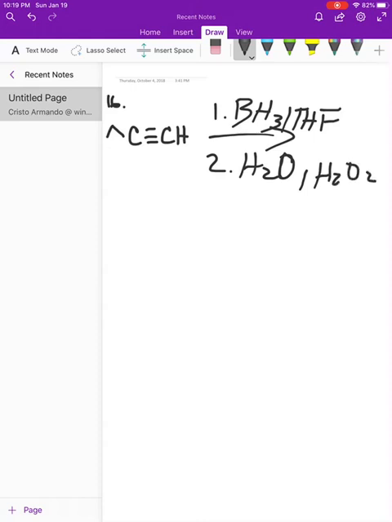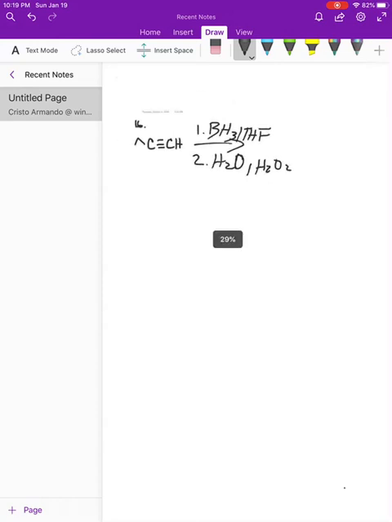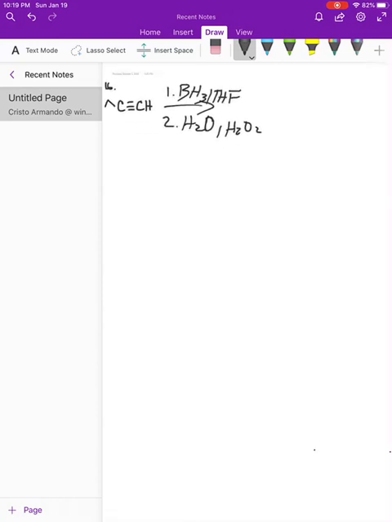So the mechanism for hydroboration oxidation is a little bit above me. We went over it in class last Thursday, so I'm not going to go over it. But what I am going to note is that it functions in essentially the same method that hydration functions.